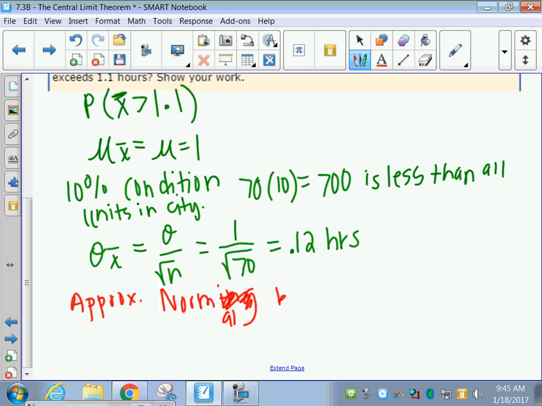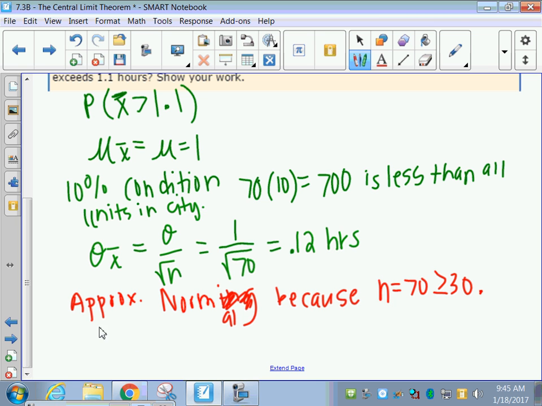Normal. All right. Because n is equal to 70, which is greater than 30. Okay, that's how they write it a lot of times. Okay, your sample is equal to 70, which is greater than that magic number of 30 that you want to memorize, and actually greater than or equal to. So we're good to go, and we can follow the normal condition.